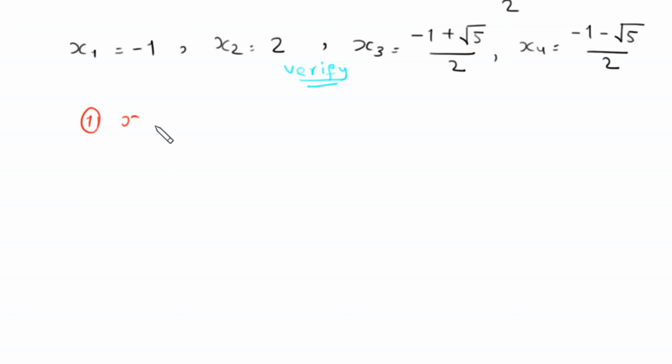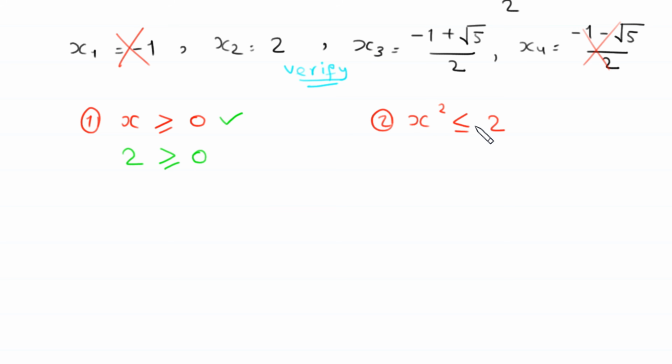This value x1, negative 1, is less than 0, so this will be rejected, and this value x4 is less than 0, so this will be rejected. For this value x2, the first condition is true. This 2 is greater than or equal to 0, so this condition is true.